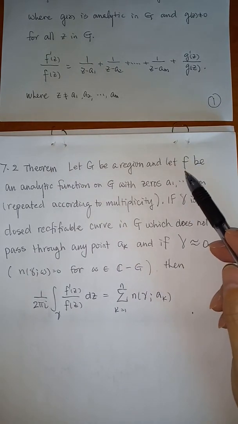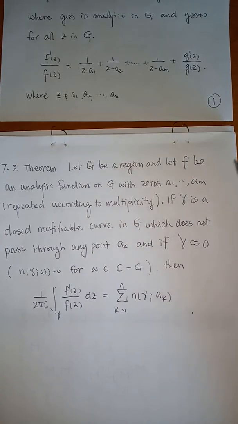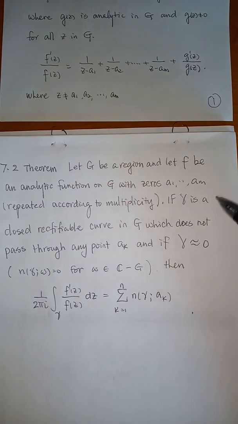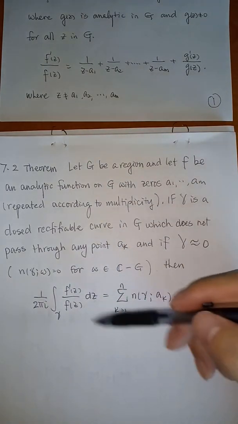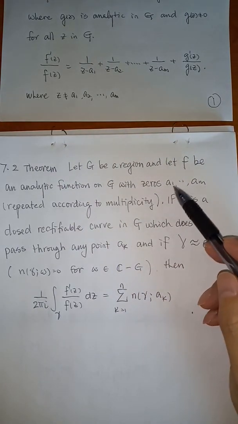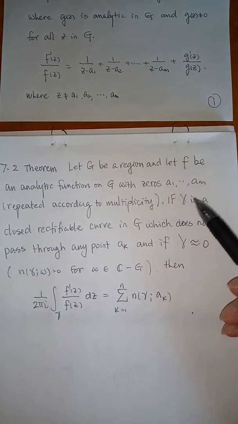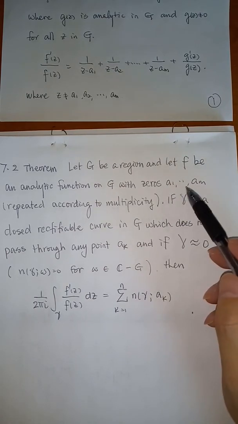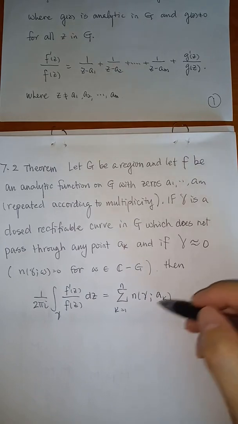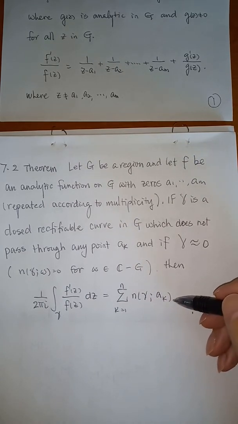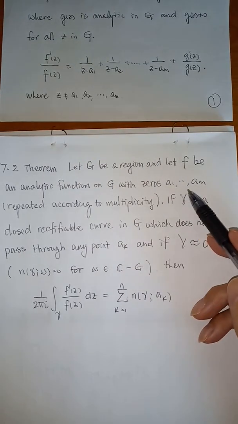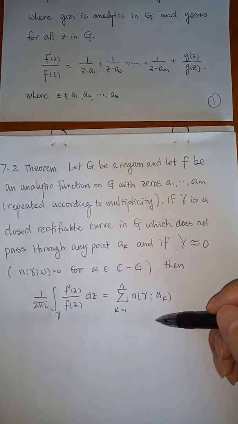So possibly f has infinitely many zeros, but the zeros will converge to the boundary. So inside the closed rectifiable curve, there are only finitely many zeros. So here, f may not just contain those zeros, but for most of the zeros, the winding number will vanish, so it doesn't matter how many zeros you mention, finitely many or infinitely many.